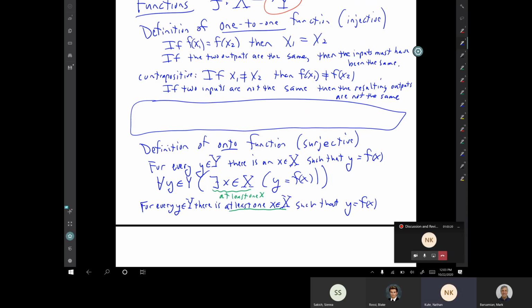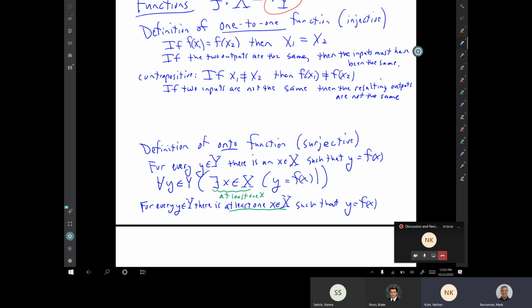Would it be for every y that is an element of Y, there is at most one x? Exactly. Fantastic. Yes. For every y that's in set capital Y, there is at most one x in X, such that y equals f of x.